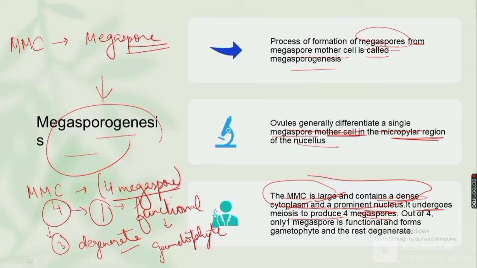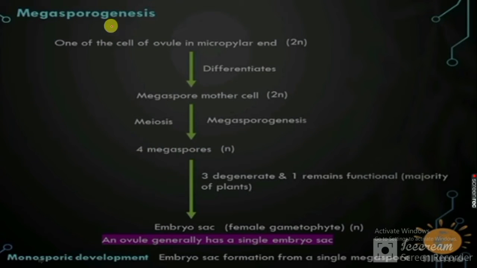Here you can see the process of megasporogenesis with the help of this diagram. One of the cells of the ovule at the micropylar end first differentiates into the megaspore mother cell, and when the megaspore mother cell undergoes meiosis, four megaspores are formed, out of which three degenerate and one is functional, and that develops into the embryo sac or female gametophyte. An ovule generally has a single embryo sac.